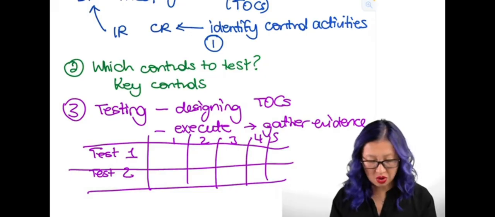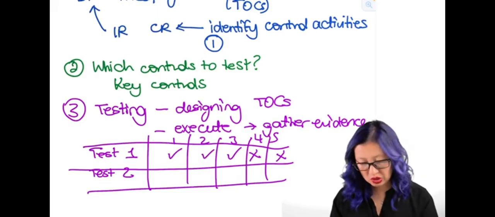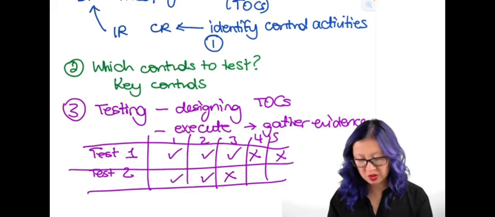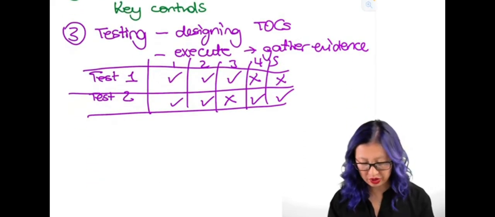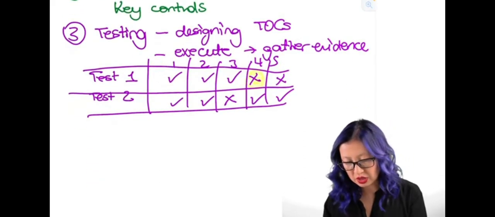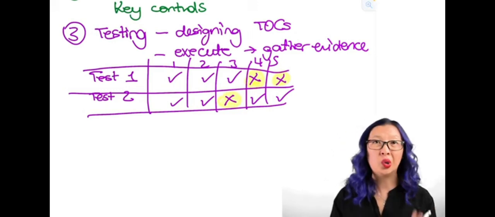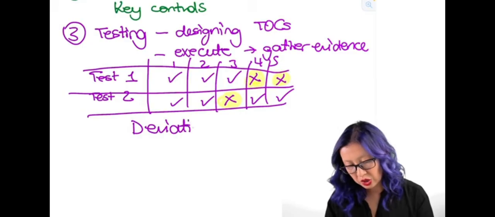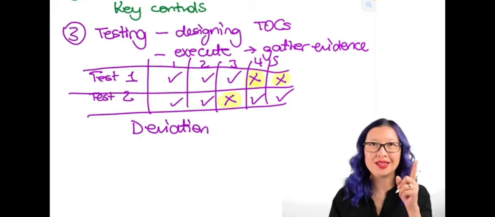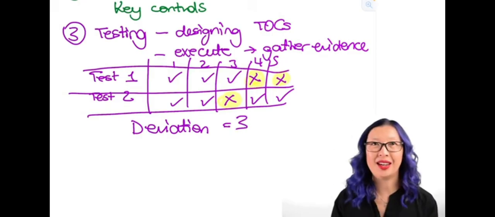Then you might say, okay, for test number 1, it worked for these transactions, didn't work over here. For test number 2, these worked, it didn't work on that one, the control worked on that one. So what you end up having is that you find instances in which the control did not work. We call those instances where the control didn't work a deviation. So a deviation is one instance in which the control doesn't work. So here we have 3 deviations.